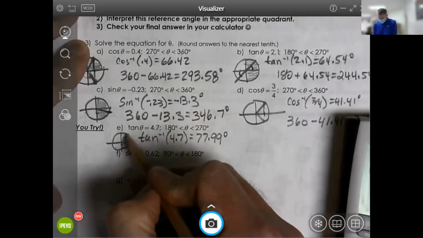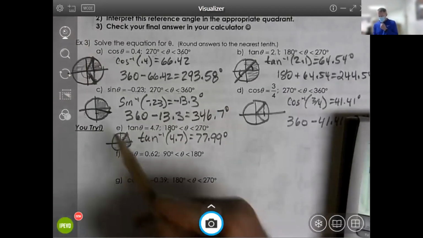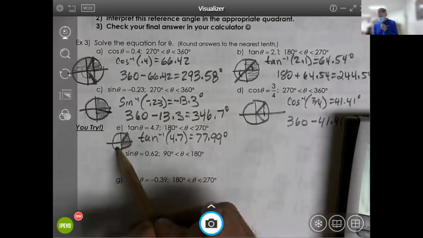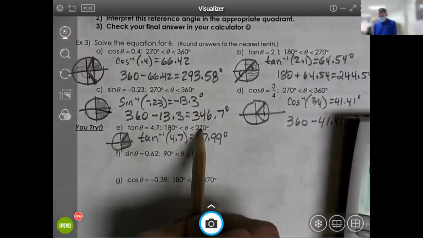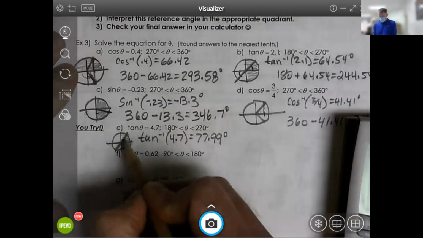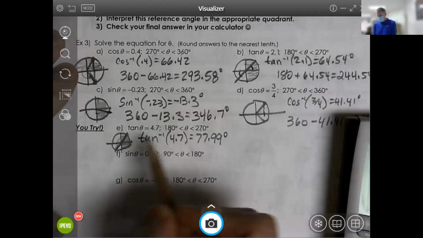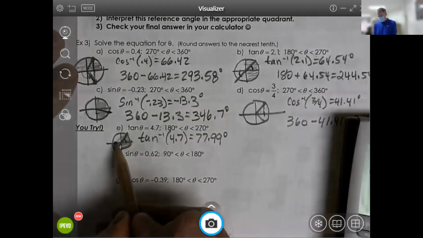So that would be up here somewhere. For us to get into the third quadrant between 180 and 270, we would need to add 180 degrees to that. Think about it as your reference angle. Your reference angle is 77 degrees. You're going to take from the 180 and go 77 degrees into the third quadrant.